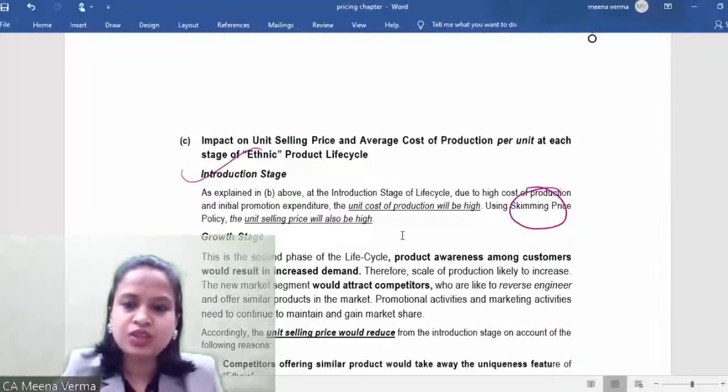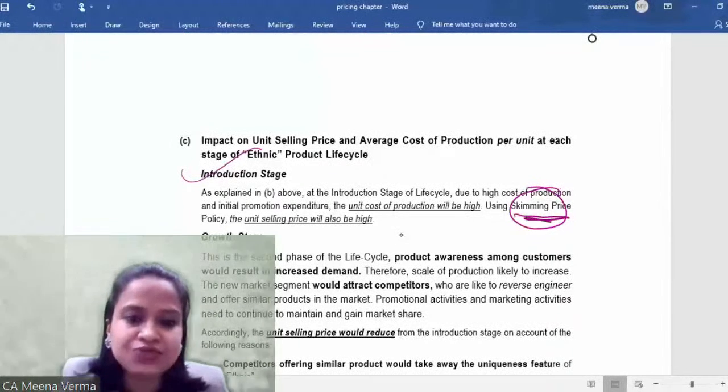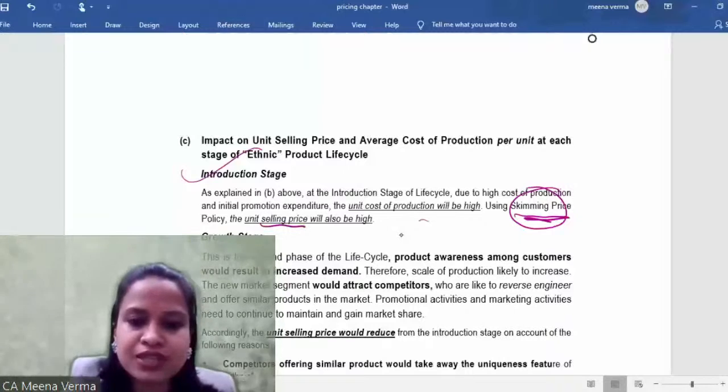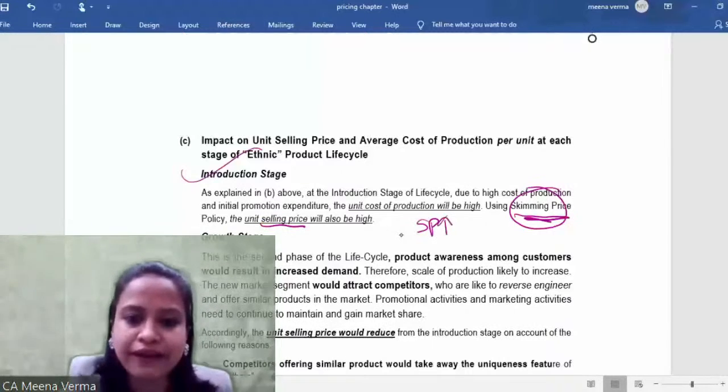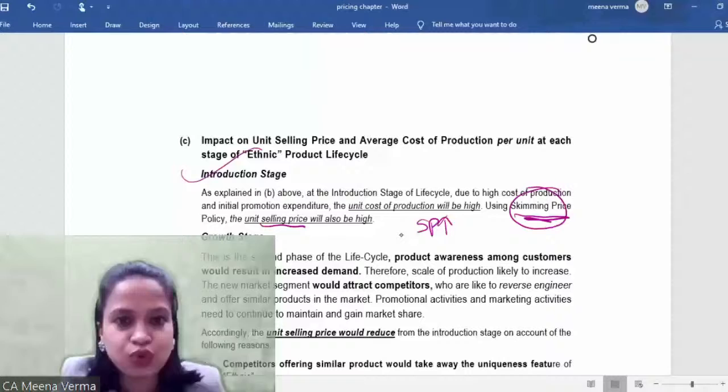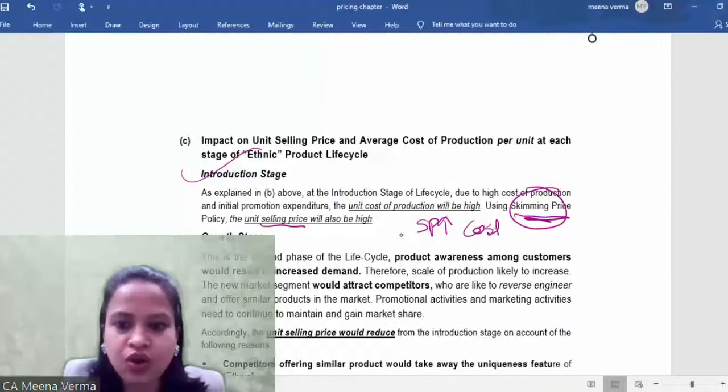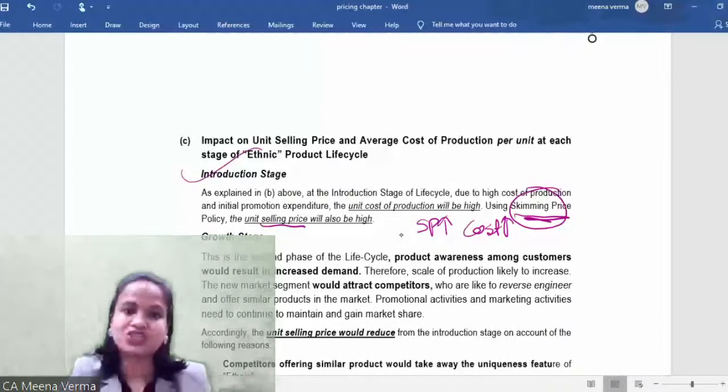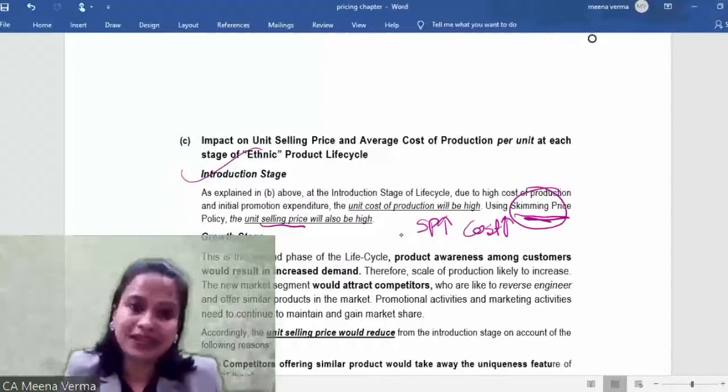So if you are following a skimming pricing strategy, the selling price per unit will be high. Also in the introduction stage the cost will be high, because initially you have to incur many kinds of cost.